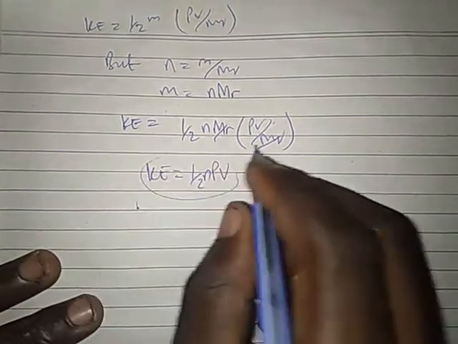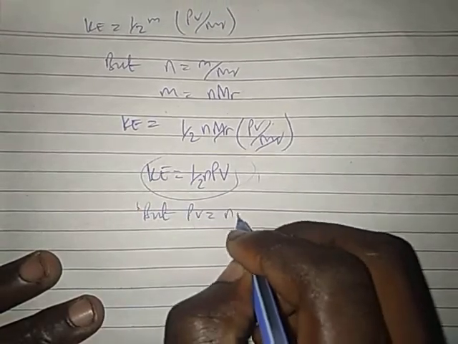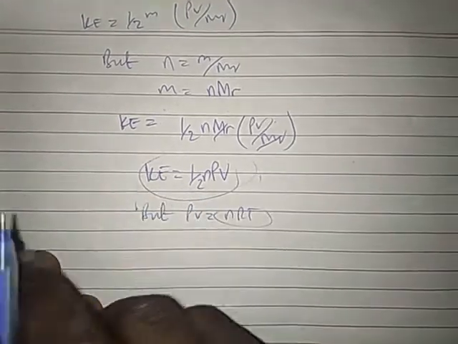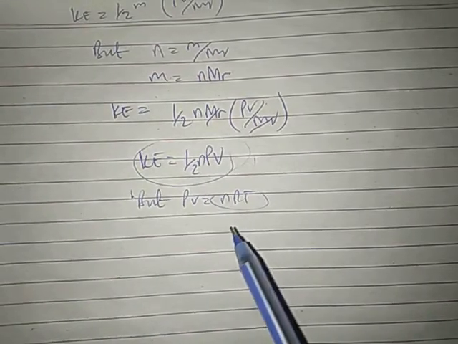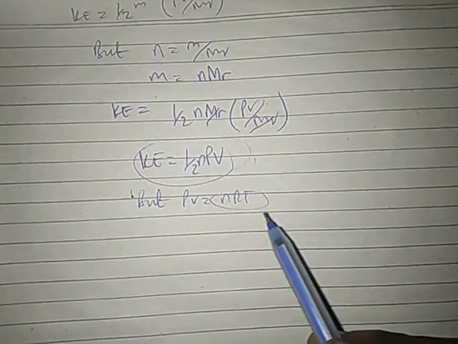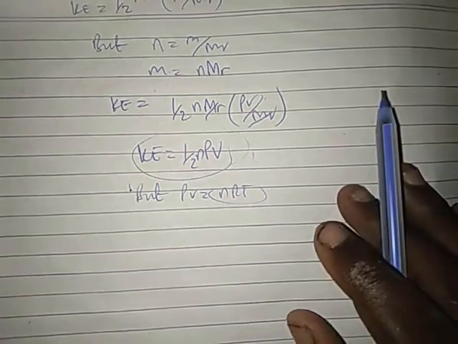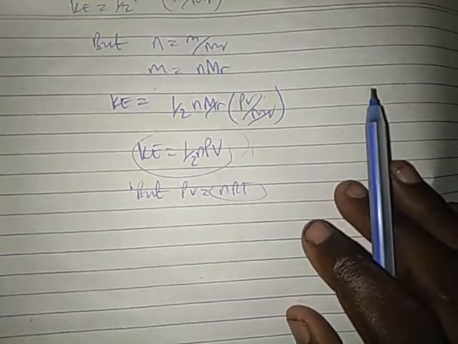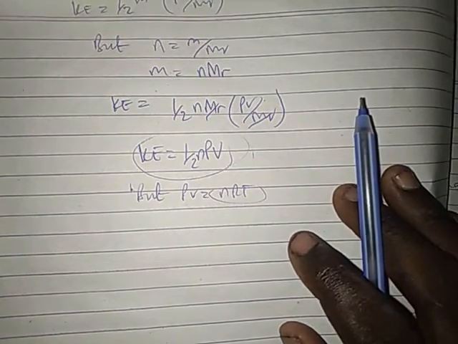Derivation nyingine hapo zinaweza kuendelea, kwa mfano ukasema PV is equal to nRT na ukaendeleza hapo, lakini I think kuna namna ambayo hii molar mass imeingia kwenye derivation ya formula ambayo imetuleta kwenye jibu ambalo not so much correct, kwa sababu hapa tulikuwa tumeconsider 1 mole.